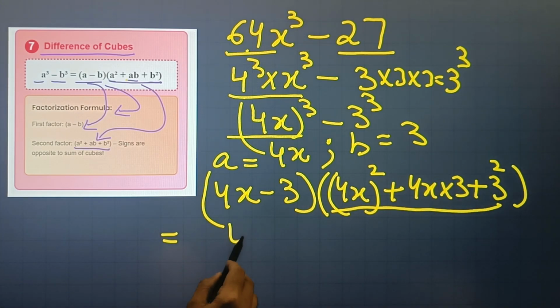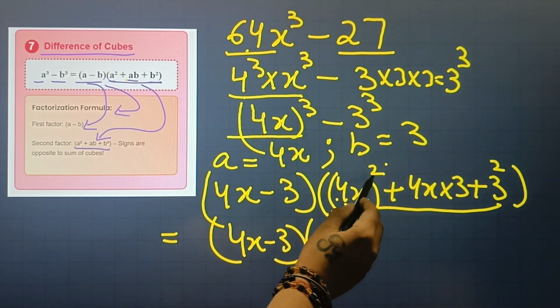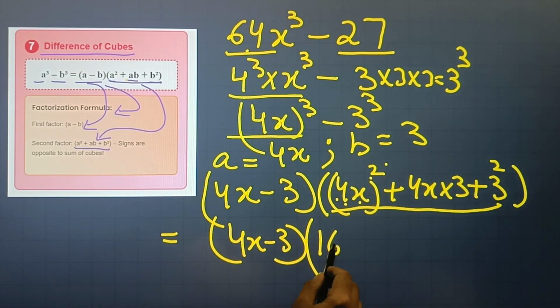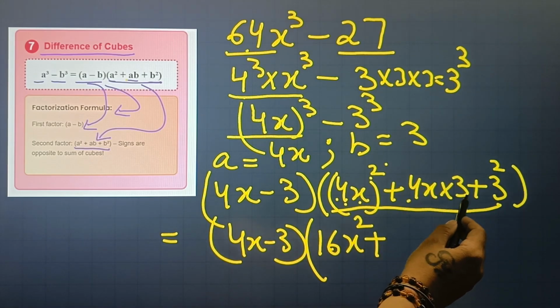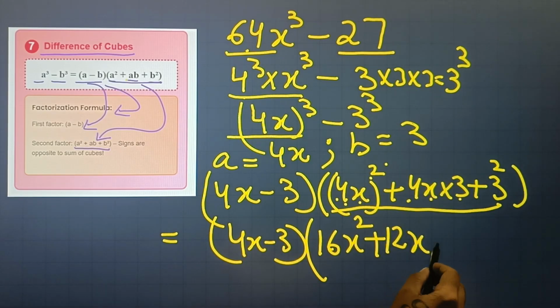So this is equals to (4x minus 3) into ((4x) whole square is 4 raised to the power 2, which is 16x square, plus 4 into 3 is 12, 12 into x is 12x, plus 9).